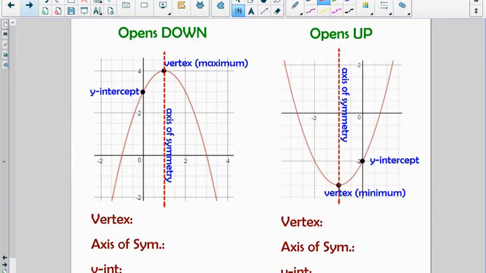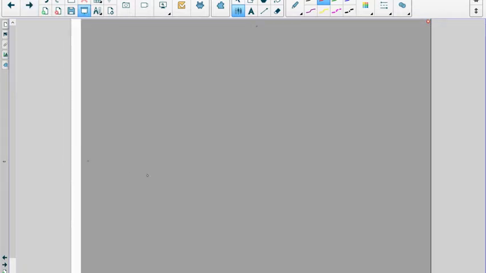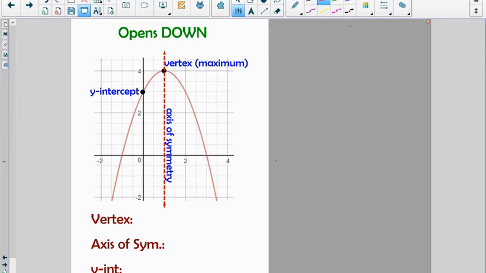So let's look at a few graphs here where we have some coordinates to work with. The graph on the left, we see that it opens down. We have a highest point on the parabola, and the highest point is at our vertex, which happens to be a maximum because it's the highest possible y value along the parabola. Now for the vertex, we want to give the coordinates of that point.